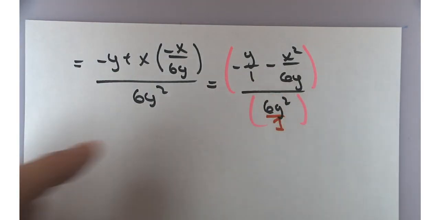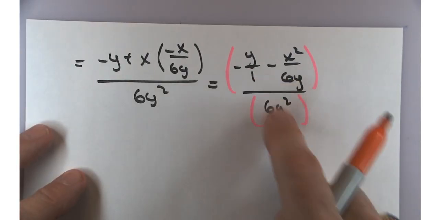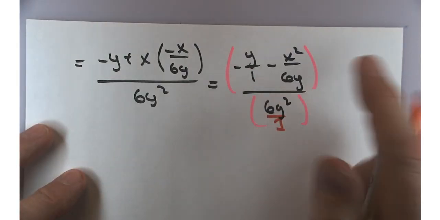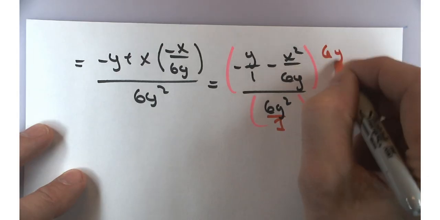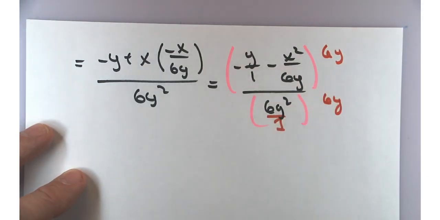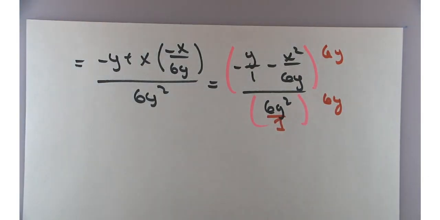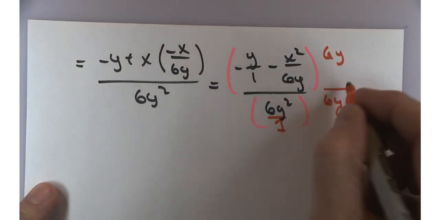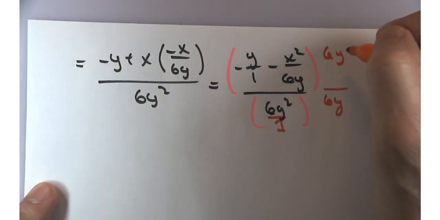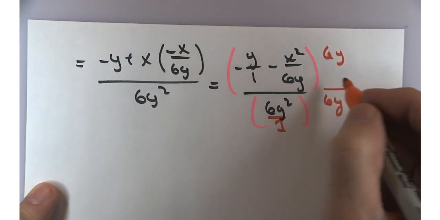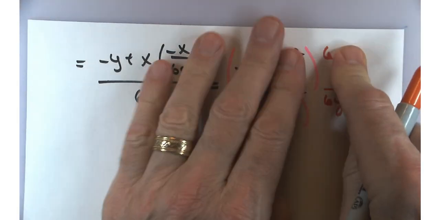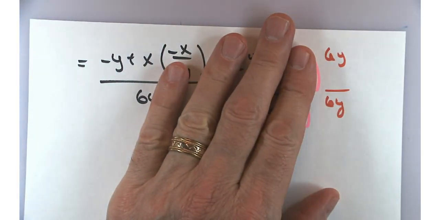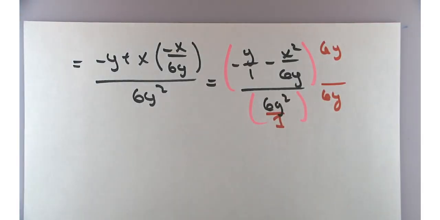But if you have somebody in your future that's a little bit more demanding, then to clean this up, you would multiply both the numerator and denominator by the lowest common denominator of all these secondary fractions, as they're called. Now the denominators here and here are 1. The denominator here is 6y, so that's going to be our default LCD. I'm going to multiply by 6y over 6y. If you simplified 6y over 6y, what would you get? 1. So I'm not changing the value of the fraction.